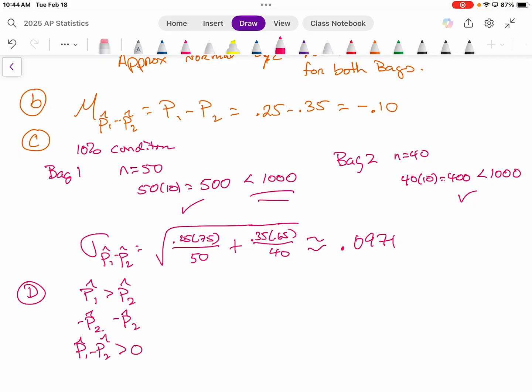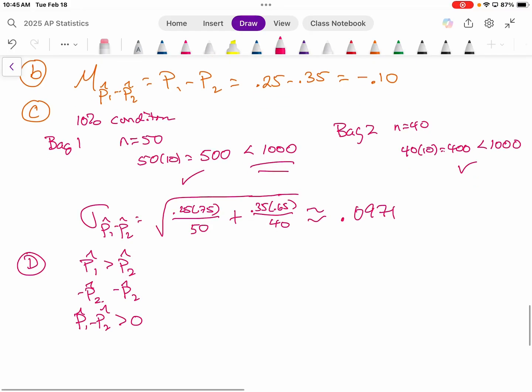Is it greater than 0? So we're trying to find the probability that P1 hat minus P2 hat is greater than 0, which means that it's positive. So that's what we're trying to find. Again, all I did was bring the P2 hat over to the same side.